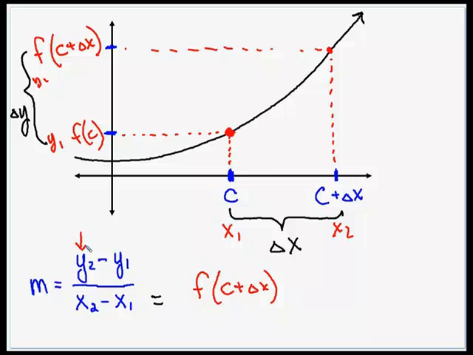So that's our y2 minus y1, so we're just going to minus f of c. And then our denominator, the change in x, x2 minus x1. Well, c plus delta x minus c is just going to be delta x. That's how far we have moved across the x-axis.